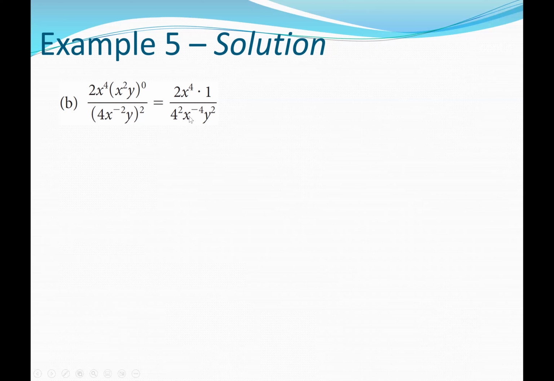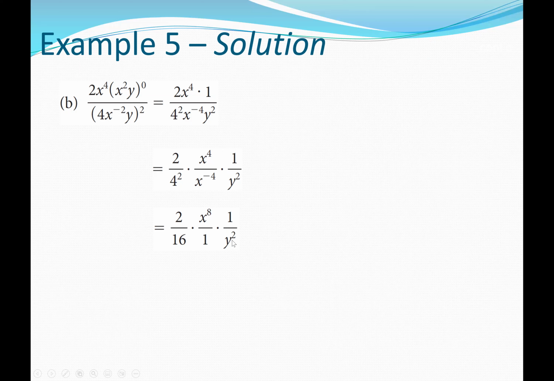Now we can find the reciprocal of s to the power negative 4, which means it will go up since it's down. So that will give us 2 divided by 4 to the power 2, which is 16. This s will go up, or we can say x to the power 4 minus negative 4 will give us positive 8.